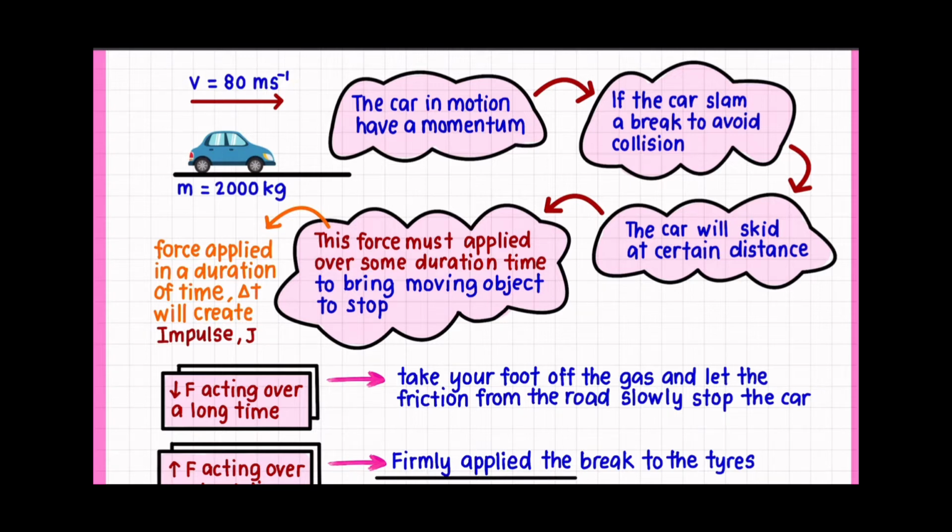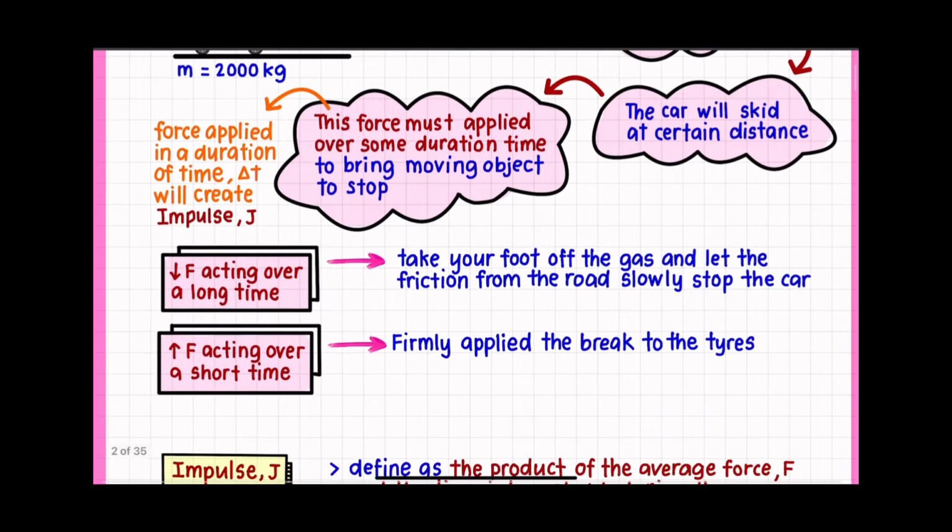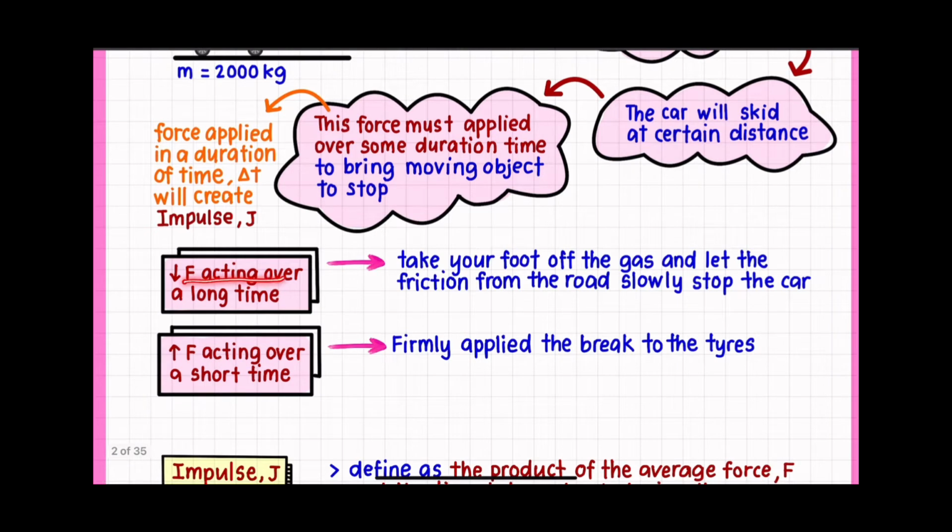Okay, so force yang kita apply pada duration time itu kita namakan dia sebagai impulse. So if F acts over a long time, it means you take your foot off the gas and let the friction from the road slowly stop the car. So maksudnya waktu itu force yang you supply adalah rendah, tapi masa untuk kereta tu berhenti adalah lebih panjang.